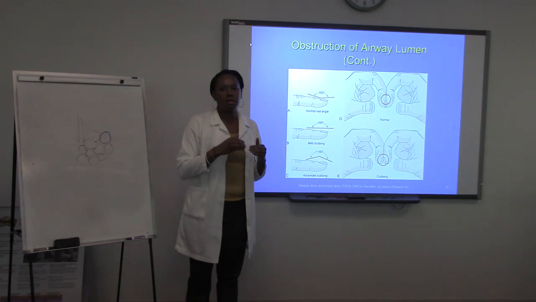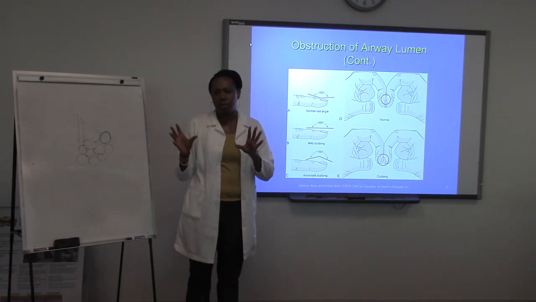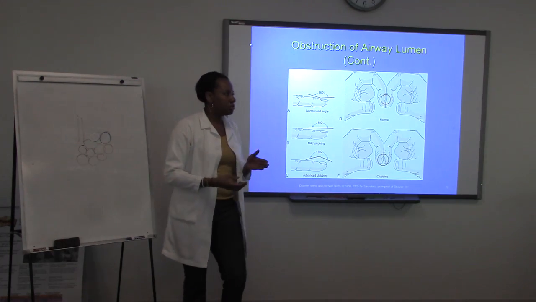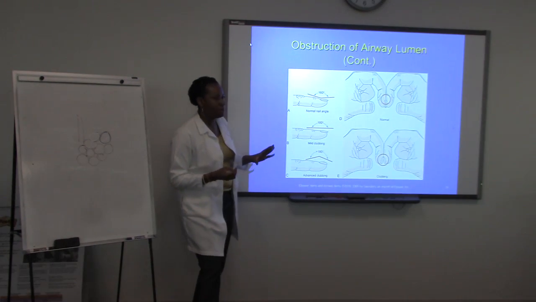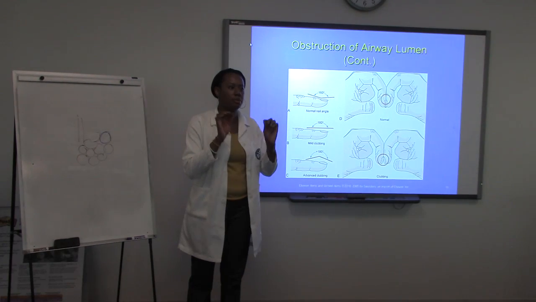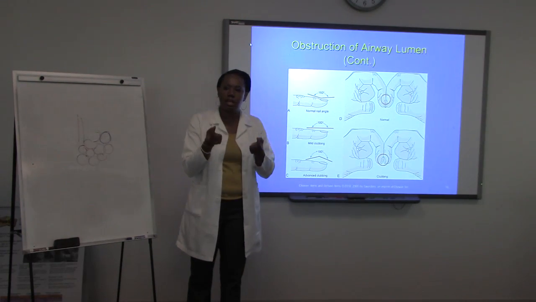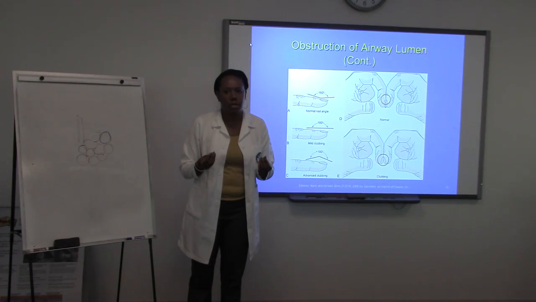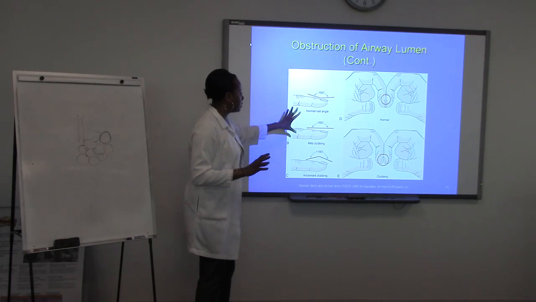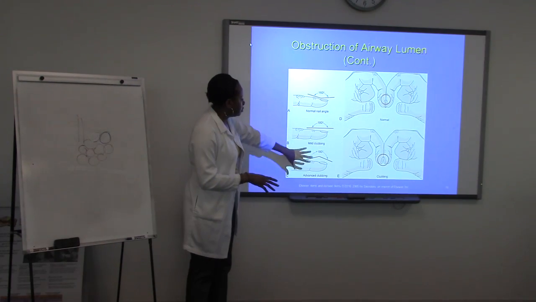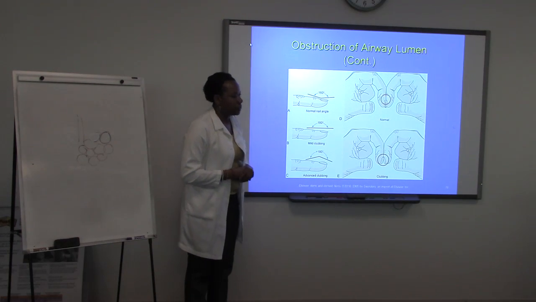And then another philosophy that I heard has to do with the inflammation that's occurring. The inflammation kind of makes more sense to me, because if you have a lack of oxygenated blood flow, to me, it shouldn't increase in thickness. It should decrease. It should be more like an atrophy. However, this is what happens. So you can assess this, as they're showing you here, by looking at the fingers.